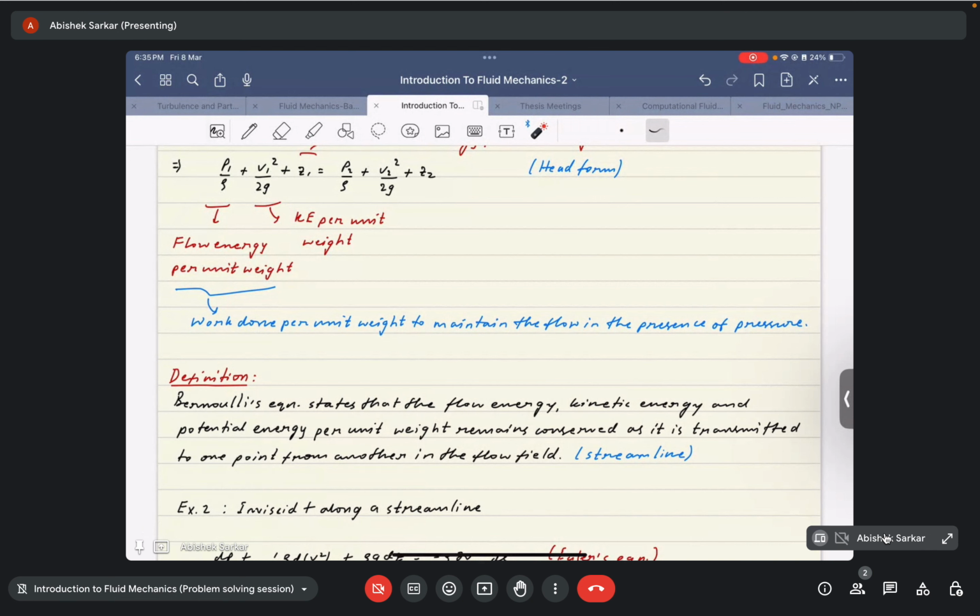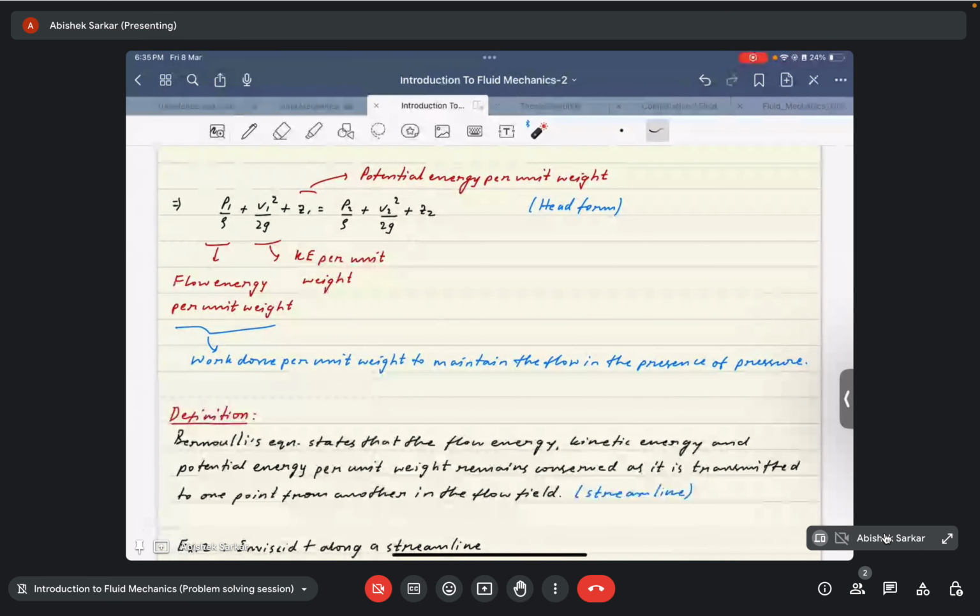About how this term comes into the picture and what its significance is, Professor Chakraborty has taken ample time to do the detailed derivation with appropriate diagrams to show the significance of this term. So I insist that you go back to the lectures to at least revisit this part, where he is discussing the flow energy, because sometimes people consider it to be the pressure force, right?